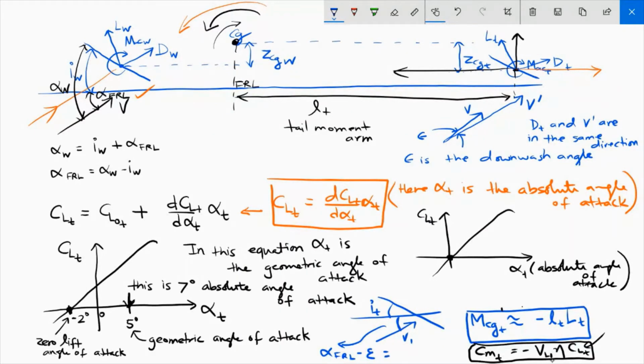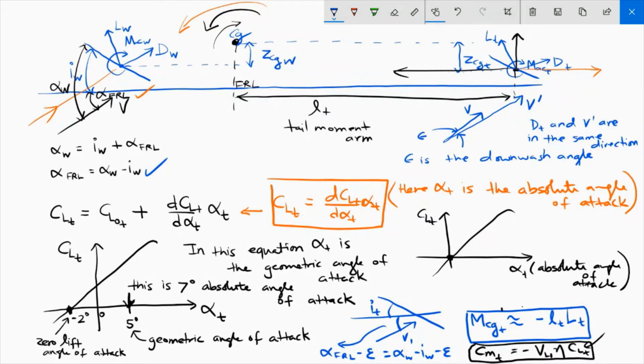And we also know that this alpha fuselage reference line is alpha wing minus IW, right? So this is equal to alpha W minus IW minus epsilon.